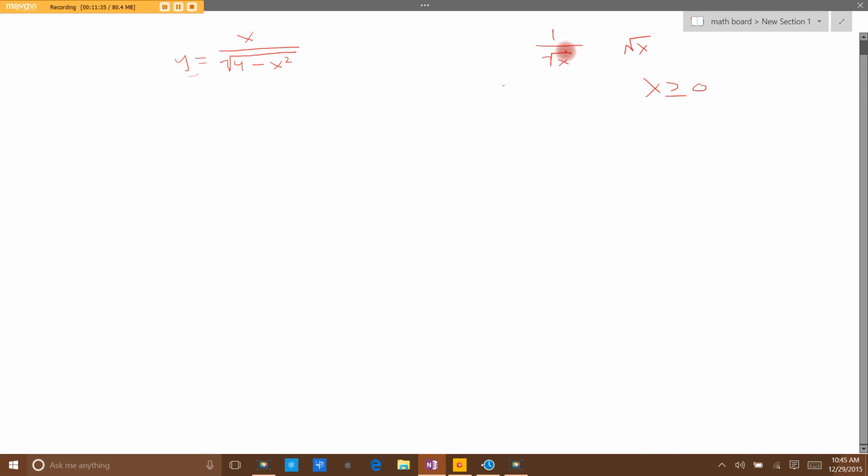But because it's on the denominator, x has to be just greater than 0, cannot include 0. So anything under the square root now has to be, it's an inequality, greater than 0.